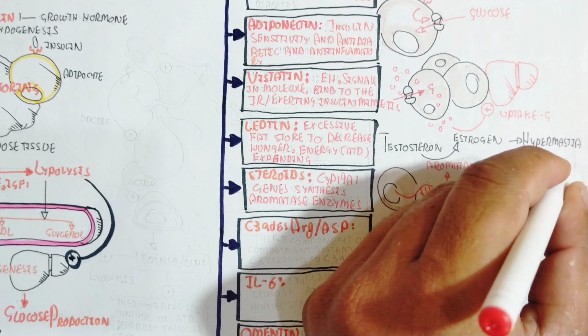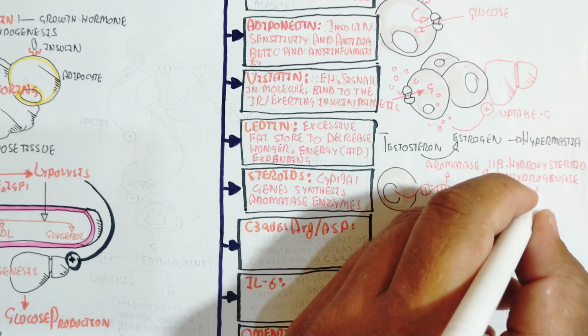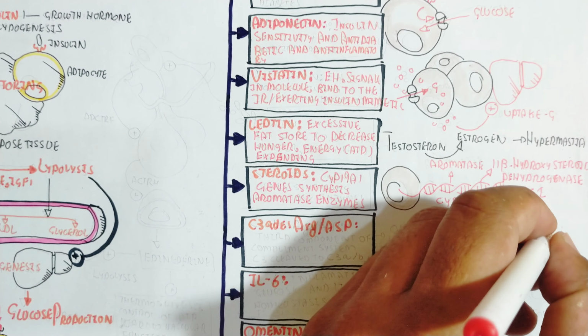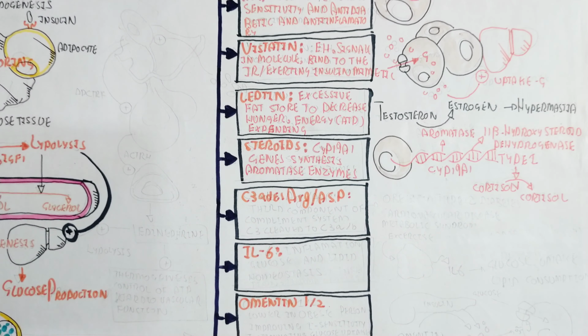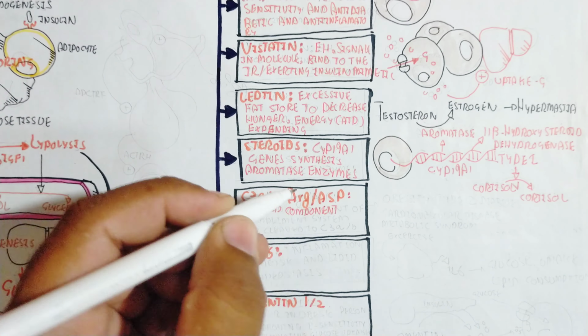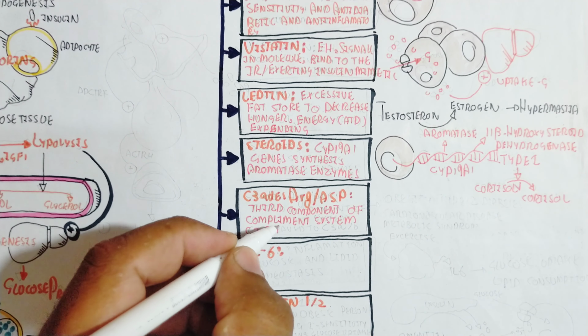While steroids are also produced from the adipose tissue, remember, the aromatase enzyme is present and released from the adipose tissue. So here you can see our testosterone will convert into estrogen due to the aromatase enzyme in the male, and gynecomastia occurs due to high fat content.